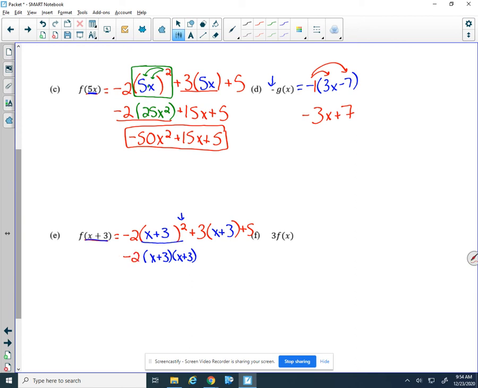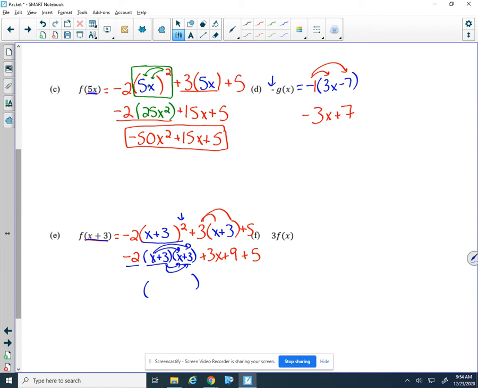Here there is no exponent, so I can distribute. So this is 3x plus 9 plus 5. Now I have choices here. There are 3 things multiplied together. I can pick whichever ones I want to do by associative property first. I'm going to do the 2 binomials. Now, this is also the time when you need to get yourselves to the point where you can do some of this in your head.